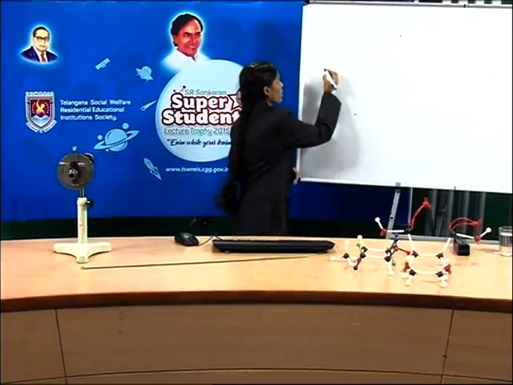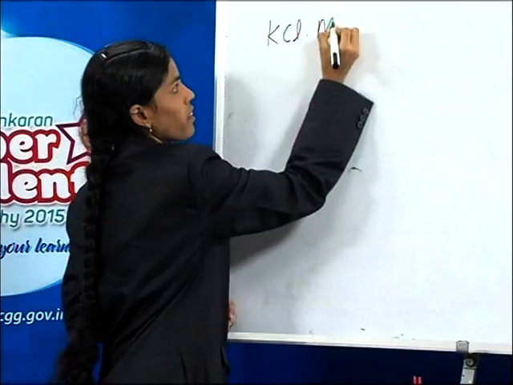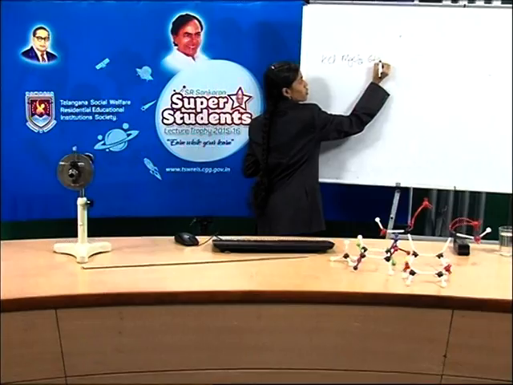Friends, carnallite formula is nothing but KCl, MgCl2, 6H2O.